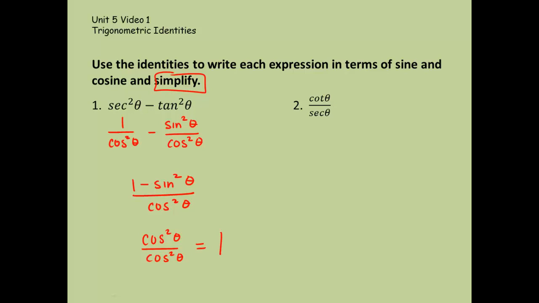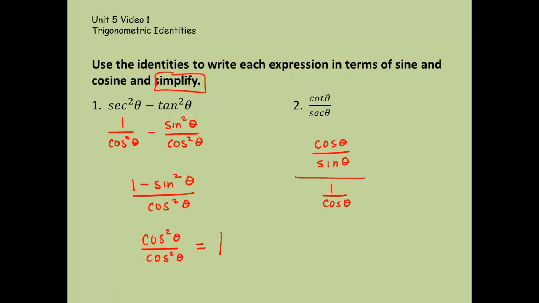Alright, now I'm going to do the same thing over here with our cotangent over secant. I'm going to take the cotangent and write it in terms of sine and cosine. The definition of cotangent is cosine of theta over sine of theta, over 1 over cosine of theta.